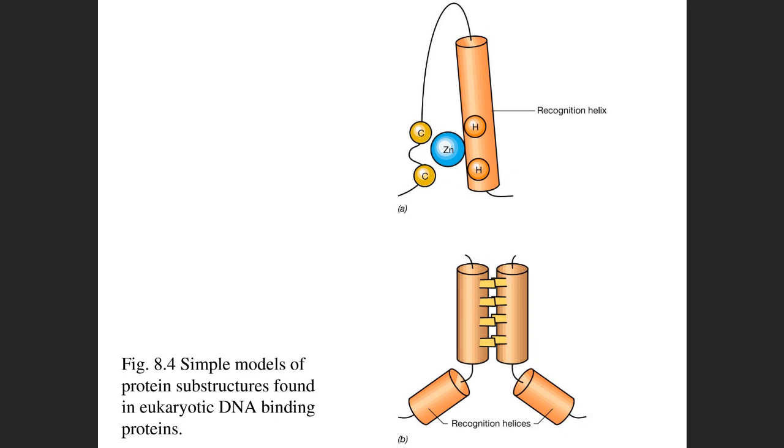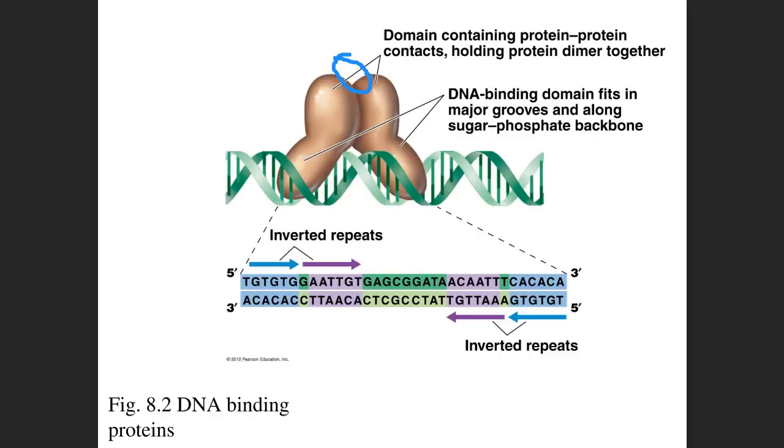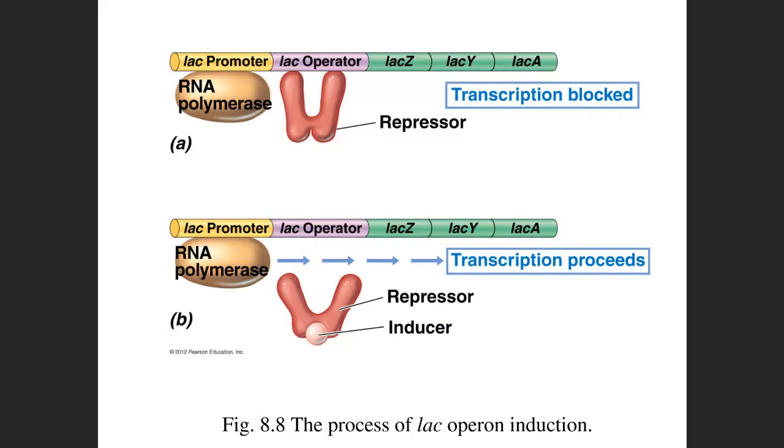Back to here, you have two copies of the lac repressor binding. So now you fully understand why lactose binding changes the conformation of this dimer, which is actually two proteins, and then it no longer fits into the lac operator. The binding is not as stable, so it falls off.